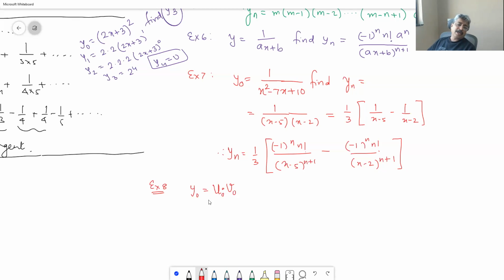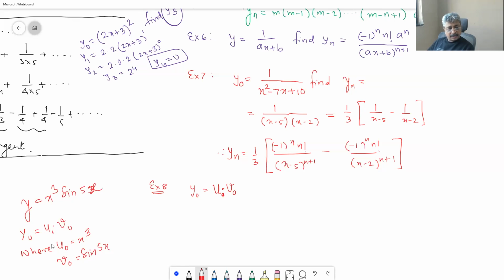Put a 0. They are not derivatives or something like that. Whatever function is given to you, 0. So for example, y is equal to x raised to 3 sine 5x. I will call y0 is equal to u0 into v0, where u0 is equal to x cubed, v0 is equal to sine 5x, something like that.